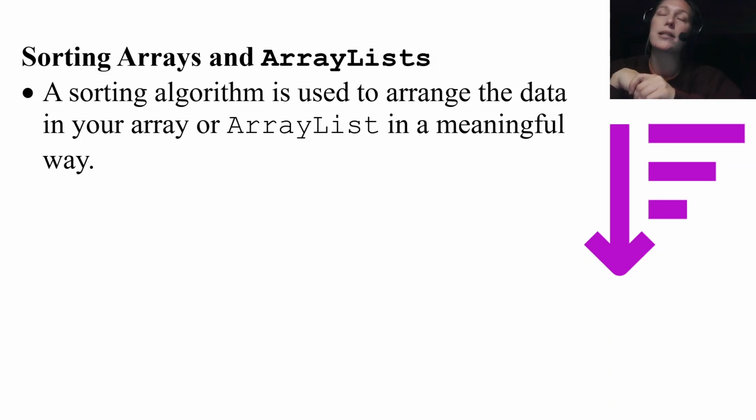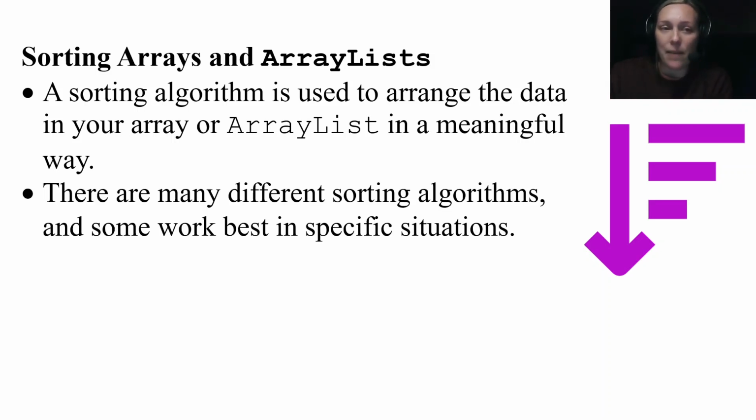Usually in this class, this means numerical order or even alphabetical order, but nothing really beyond that. We're going to go through how to sort with arrays and array lists both today.